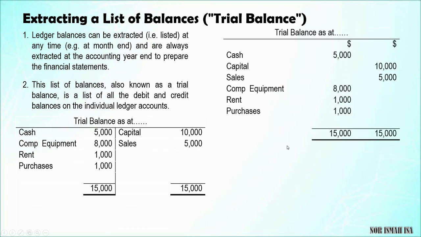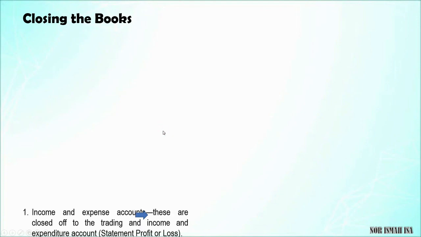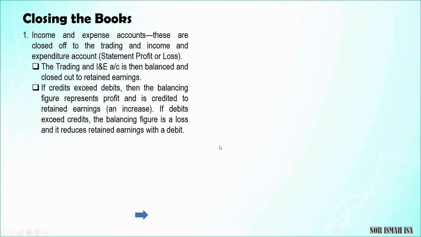So this is another way to write the trial balance with column side by side, and all the items here, the account here. So again, this is a debit side, this is credit side. The amount should be equal, 15 and 15. Now we close the book by transferring all the balances to a statement, which is statement of profit or loss, statement of financial position.